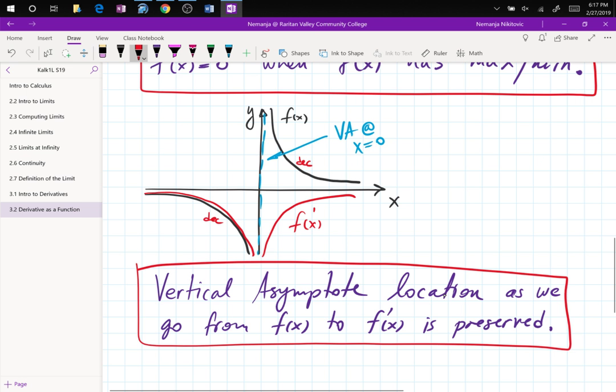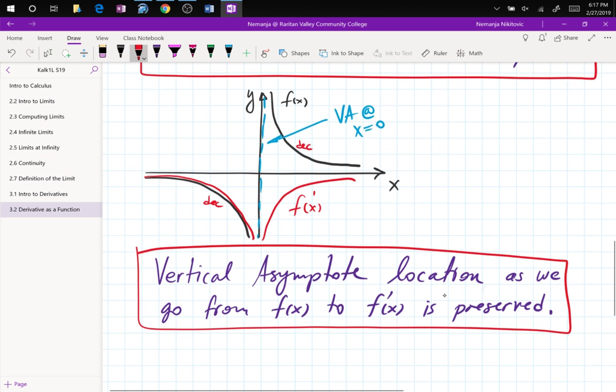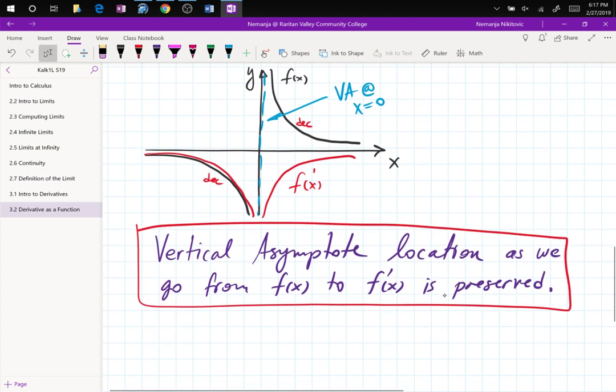Now, for this particular example, we are lucky that we did some calculations in one of our previous classes, and we said that if f of x is 1 over x, the derivative is, does anyone remember? Exactly what we see as the red line.